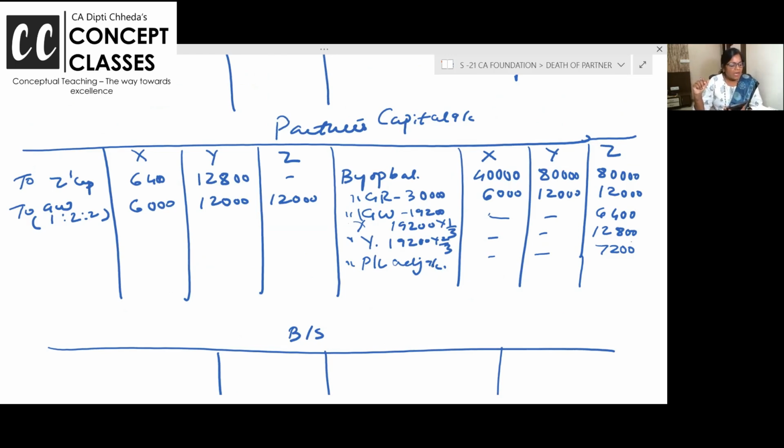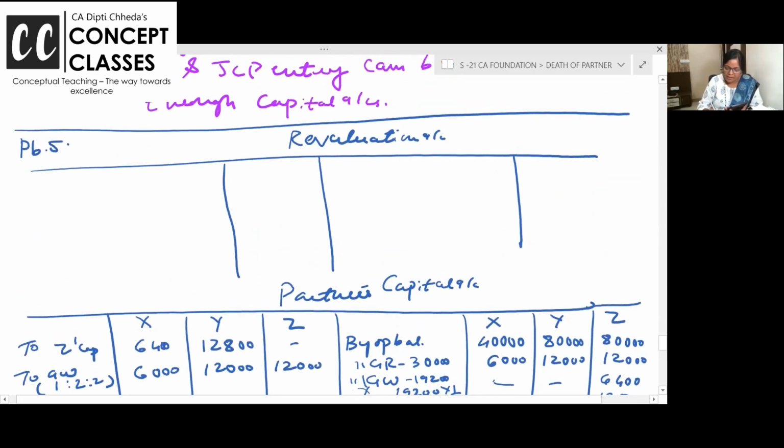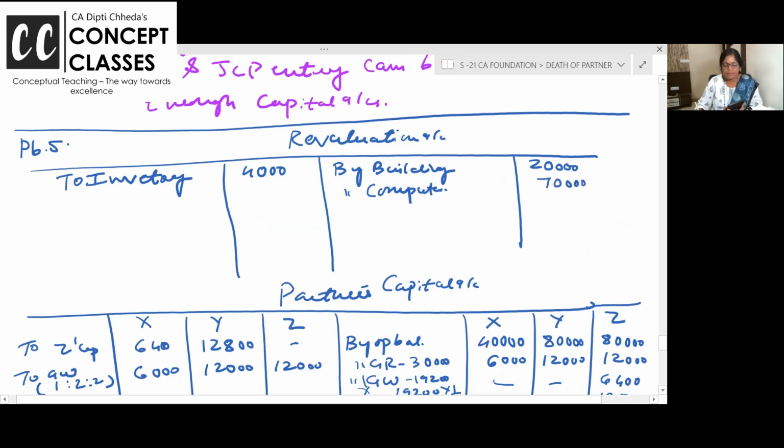है ना? Other value of the assets. Inventory you have to take at 16,000, whereas it's 20. So reduce the value of inventory by 4,000. Building. Increase the value of building by 20,000. Computers. 1,50,000 चाहिए. अभी computers है 80. 80 and 150 तो 70.